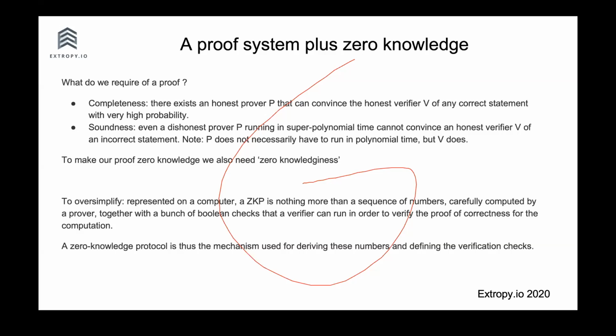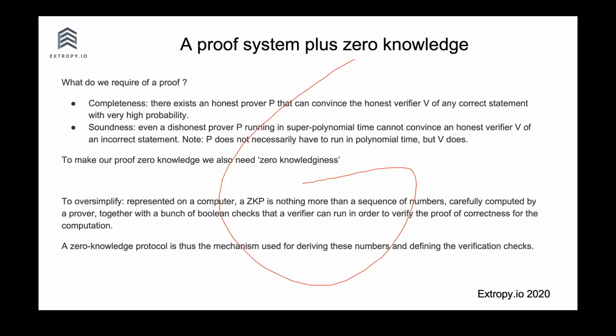So even if Peggy is dishonest, and has a considerable amount of computing power, that's what we mean by super polynomial time. So even if she has a vast amount of computing resources, she cannot convince Victor of a proof that is incorrect, as long as Victor is also honest.